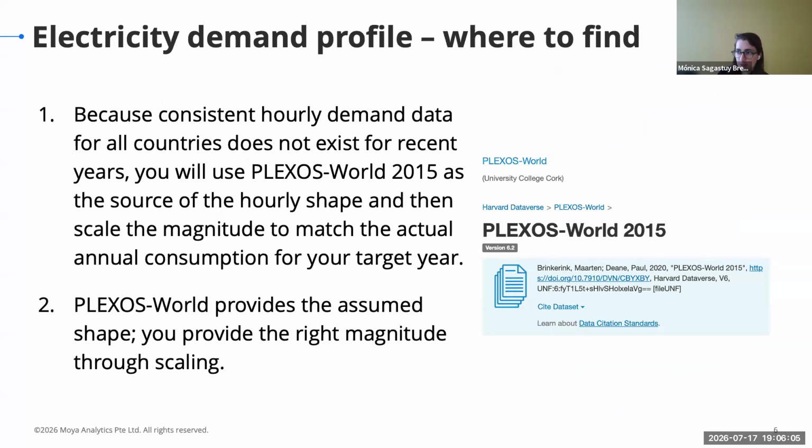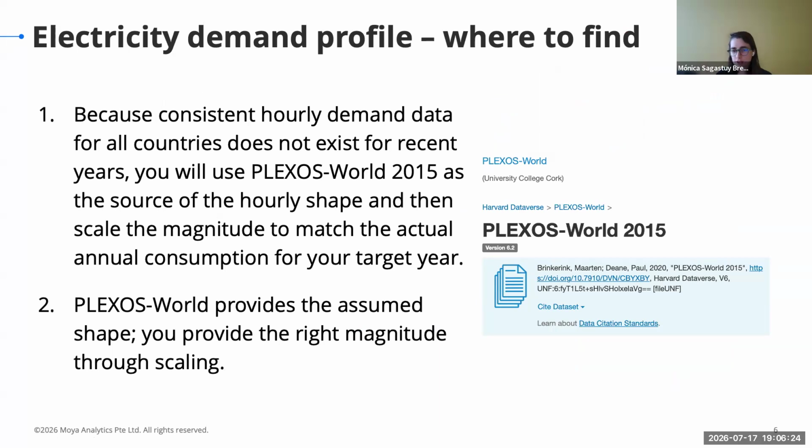As we have done for other techno-economic parameters, I wanted to show some sources and a few pointers of where to start and where to look for data. This data set from Plexos world is quite good in the sense that it offers very consistent data for 2015.